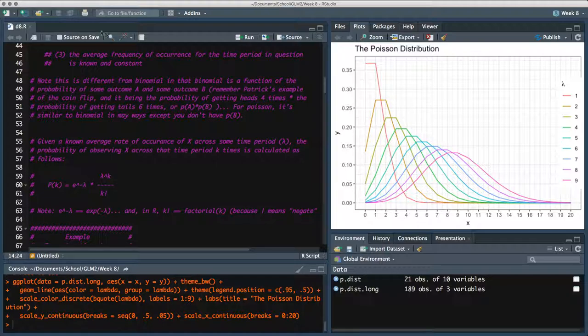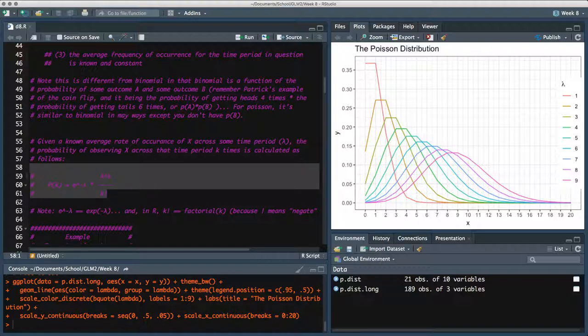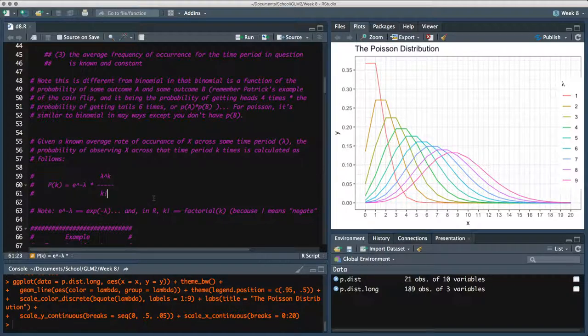So whatever your unit of time is, it doesn't matter, but you have some rate of some event over some period of time. So lambda, which you'll sometimes see as a lowercase r for rate, is that average rate of occurrence over whatever your unit of time is. And if you're looking at the probability of observing k number of events, then this right here is the formula for how you would calculate that.